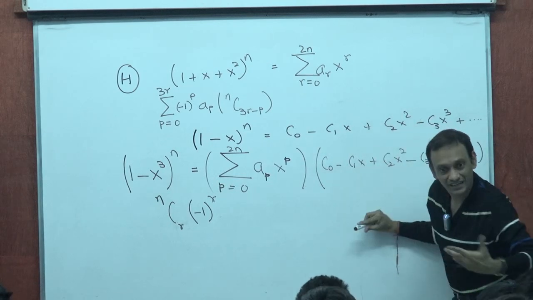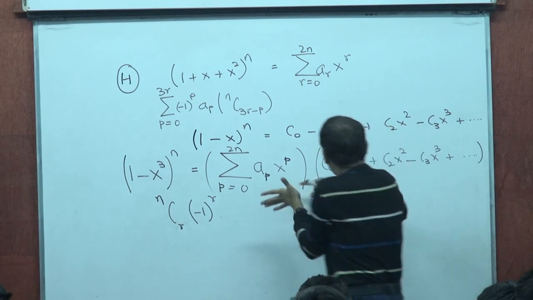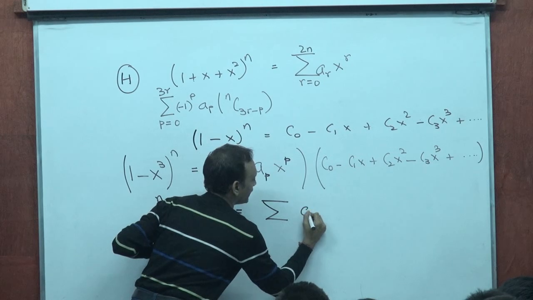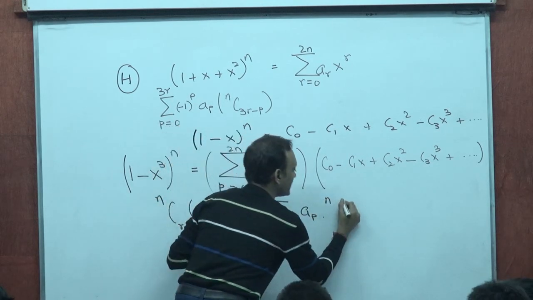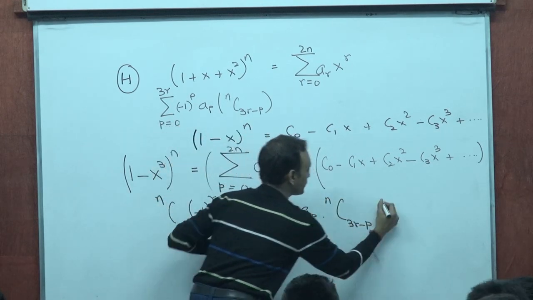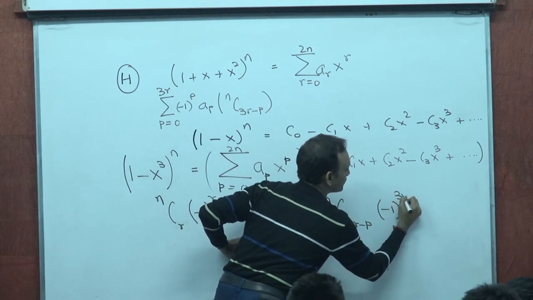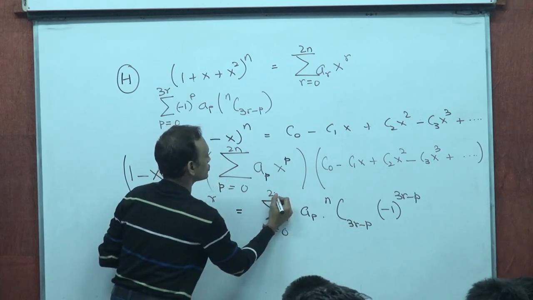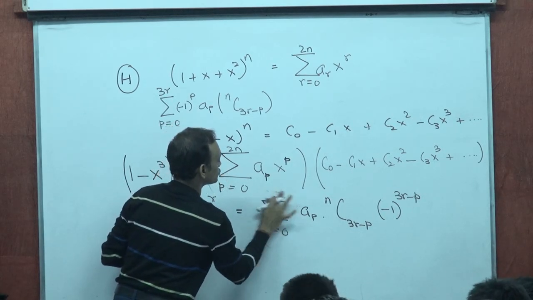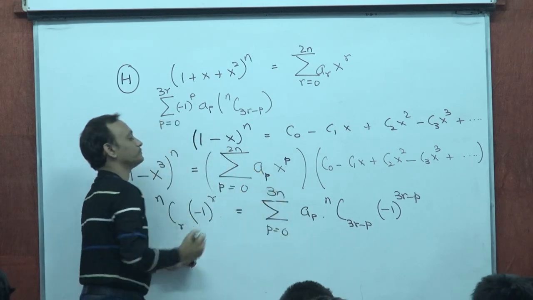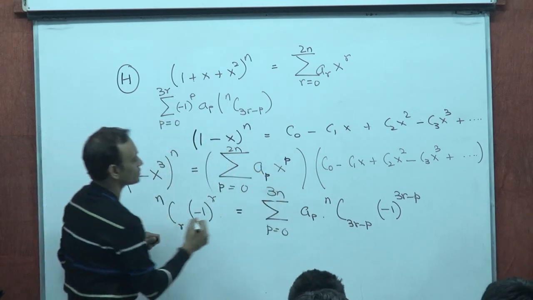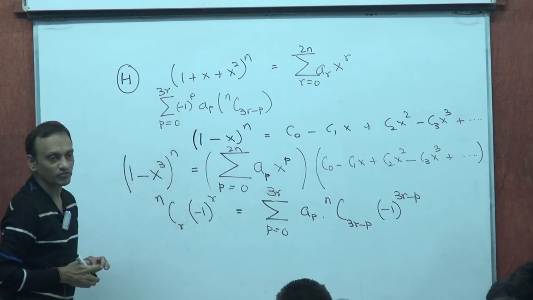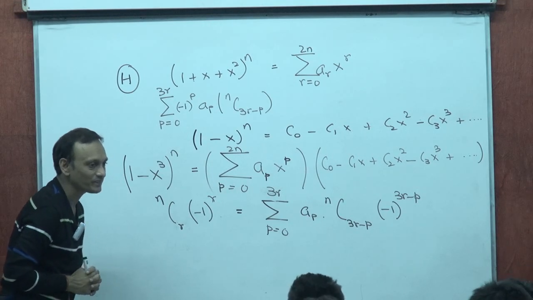That will give me x^(3r). So the coefficient of x^(3r) on the right hand side would be the summation of A_p nC(3r-p) (-1)^(3r-p), with p running from 0 to 3r. Equating the coefficient of x^(3r) on both sides, yes or no?